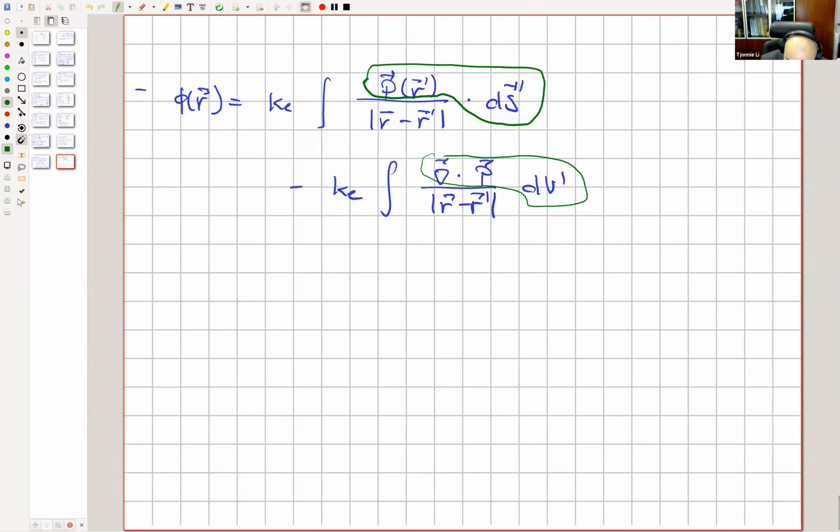So here, we end up with the identification. We get some sigma, which is p dotted with n hat, and some rho p, which is just the minus the divergence of p.